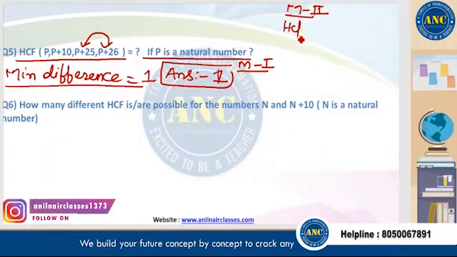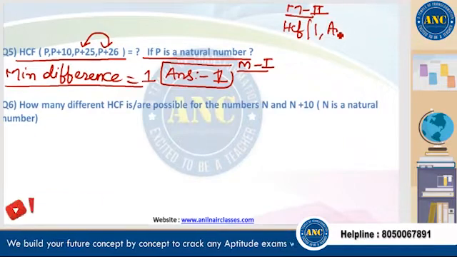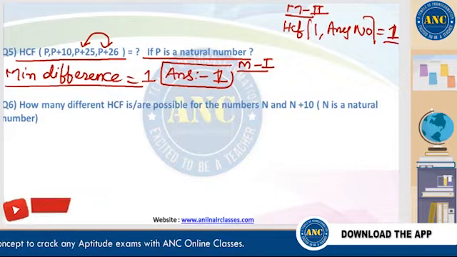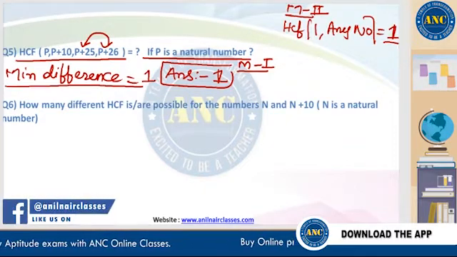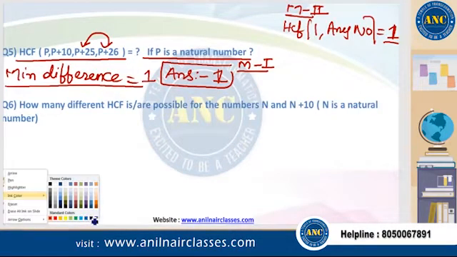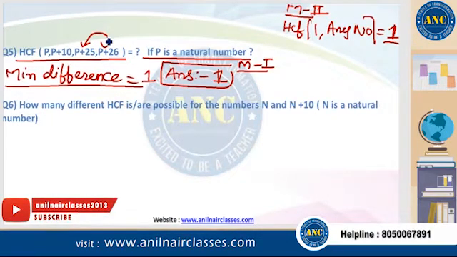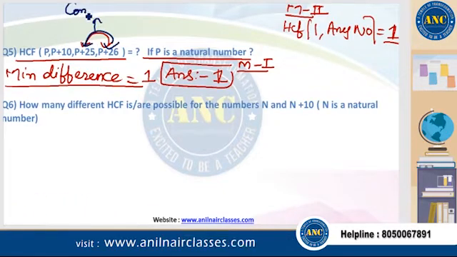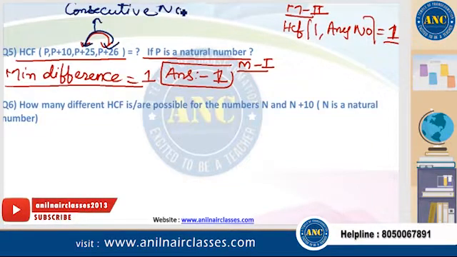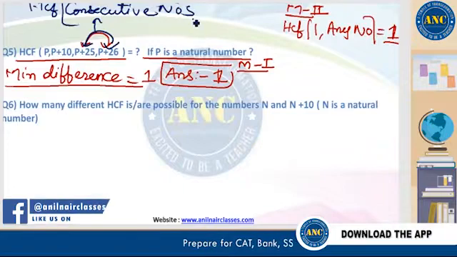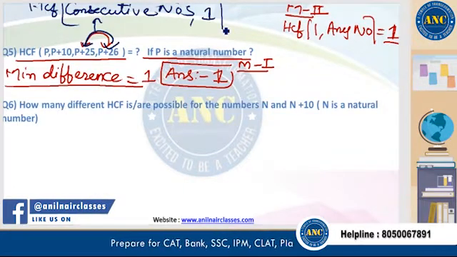HCF of 1 with any number is 1. P plus 25 and P plus 26 are consecutive numbers.